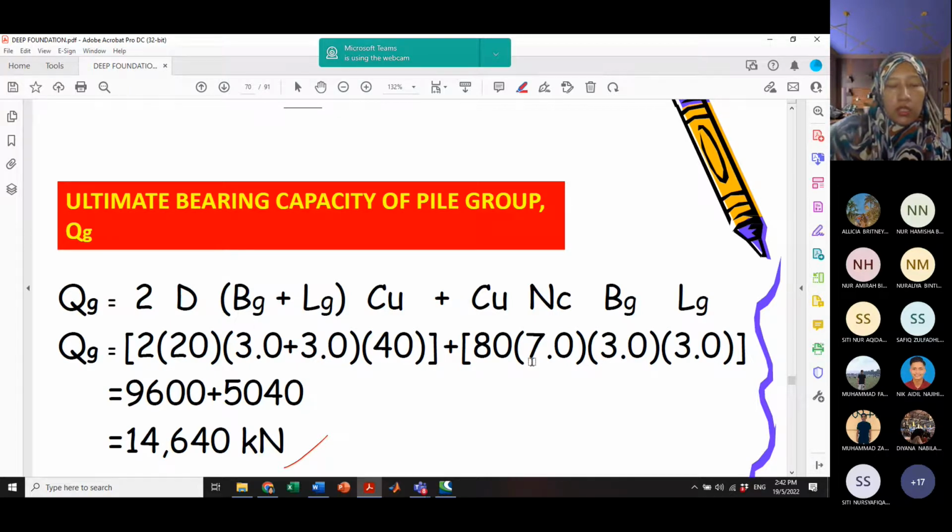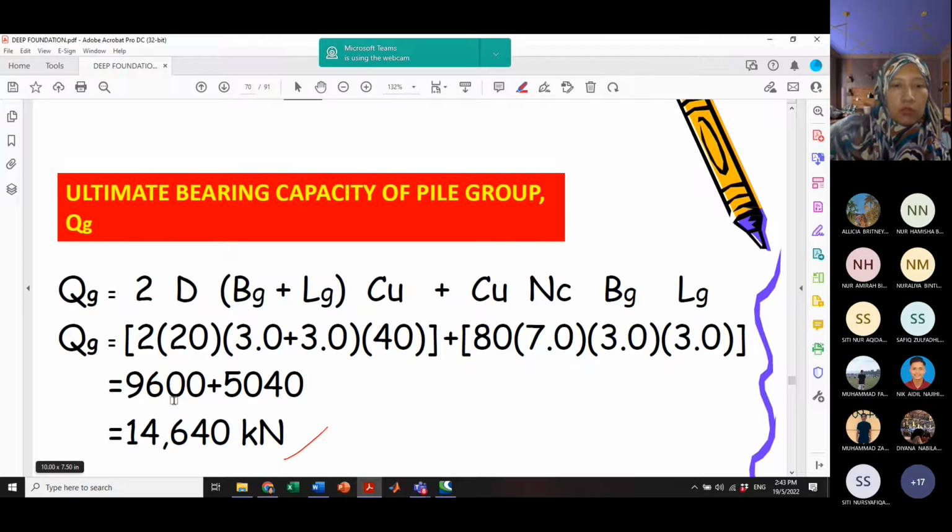So you substitute back into this formula. Embedded depth is 20 meter, Bg and Lg is 3 plus 3. Cu is 40 along the depth and along the pile shaft is 40. At the end of the pile, Cu equals 80, and Nc 7, Bg 3, Lg 3. So you will get 14,640.